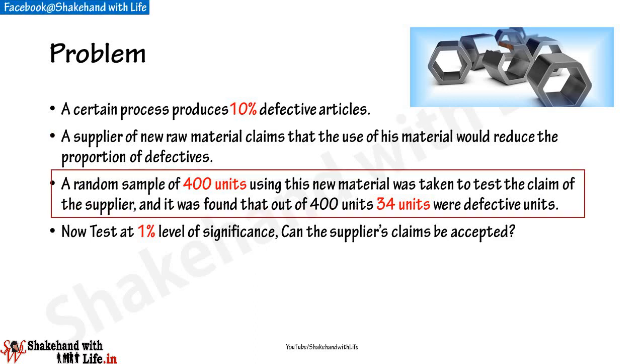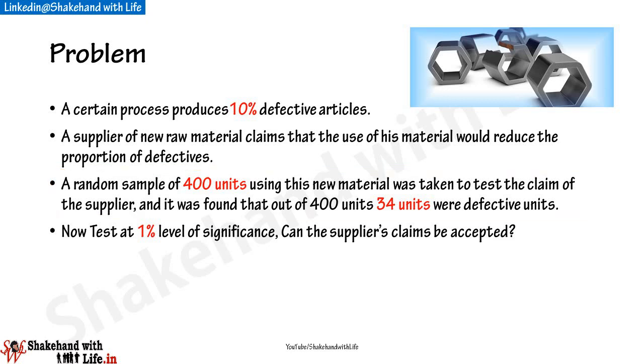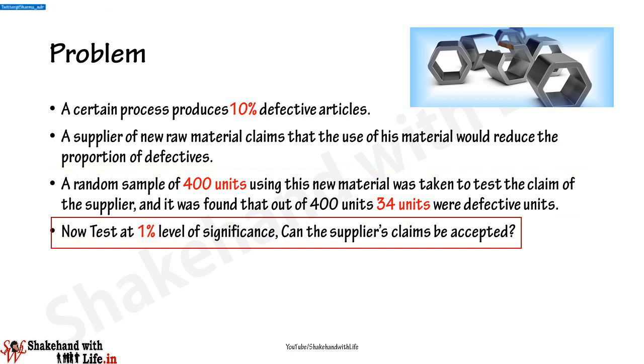A random sample of 400 units using this new material was taken to test the claim of the supplier, and it was found that out of 400 units, 34 units were defective units. Now, test at 1% level of significance. Can the supplier's claim be accepted?